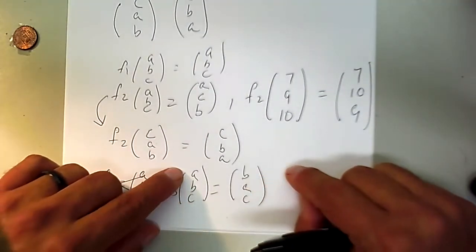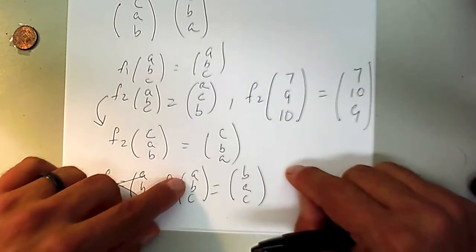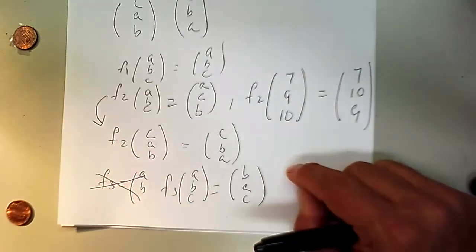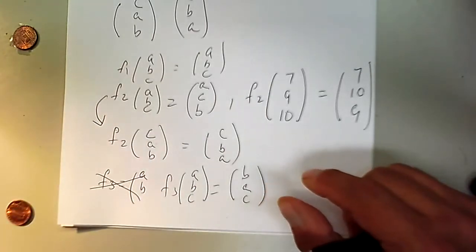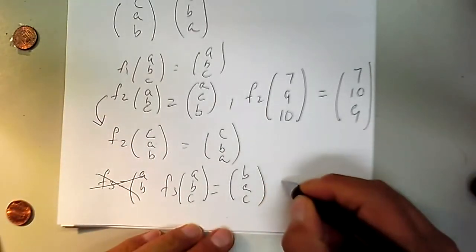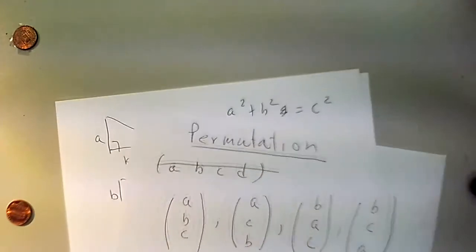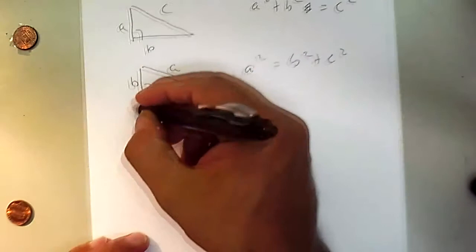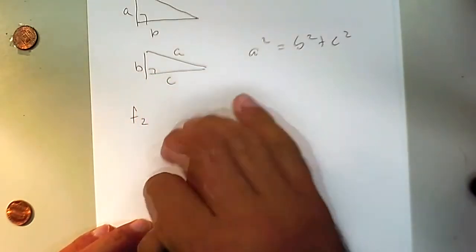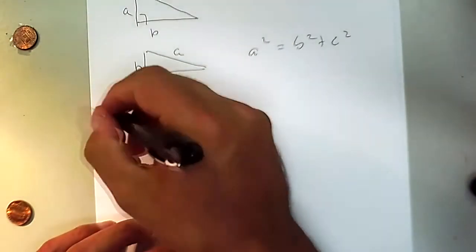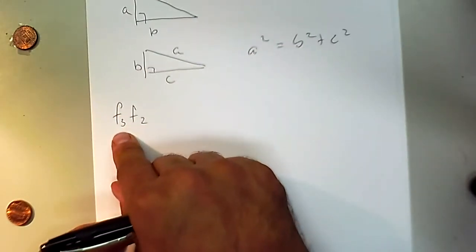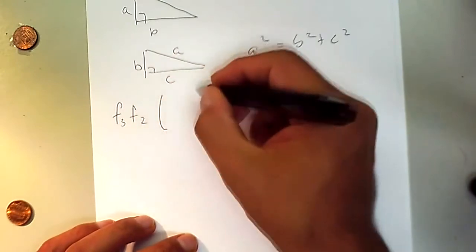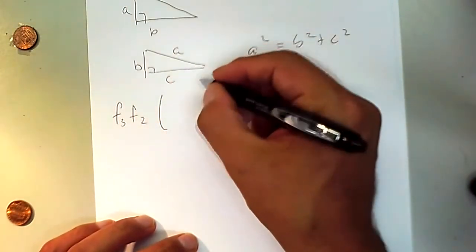It bumps the B up. It exchanges the top two. F2 exchanges the bottom two, whatever they are. Okay. So F2, remember, exchanges the bottom two. F3 exchanges the top two.